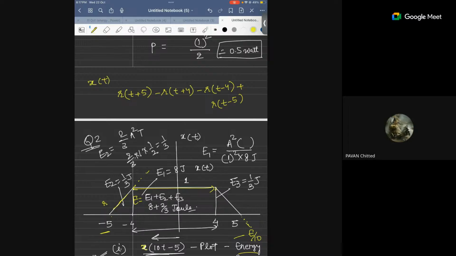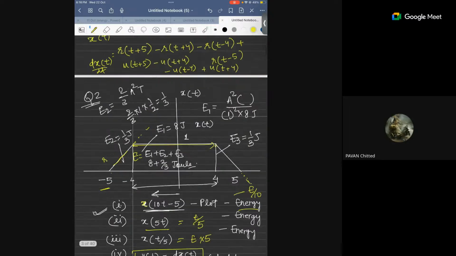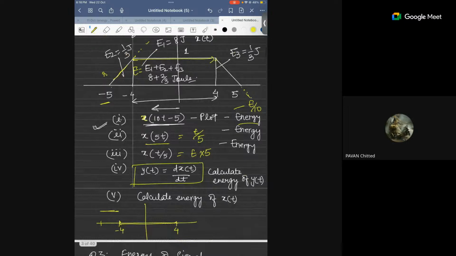Now you have to differentiate it, d of x(t) by dt. If we differentiate, the ramp function will change to a unit step function: u of t plus 5, minus u of t plus 4, minus u of t minus 4, and then plus u of t minus 5. If you write it, you will get something like that. It starts from minus 5 and should decrease at minus 4.